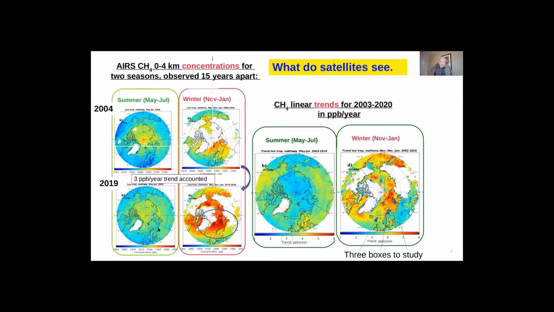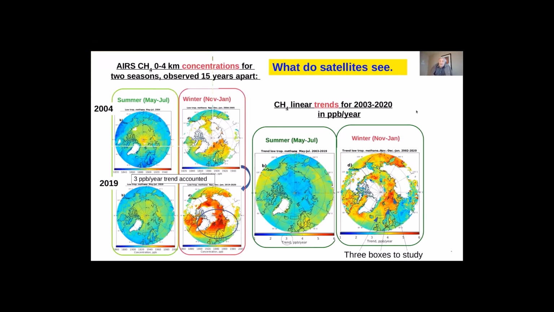There is a trend during this period of 15 years, so it is accounted for, so the same color means the same difference in concentration. And there is a very obvious difference between summer and winter. In summer, no changes besides the global trend, and no changes between different areas of the sea, but very clear red spots in winter, especially at the end of this period.